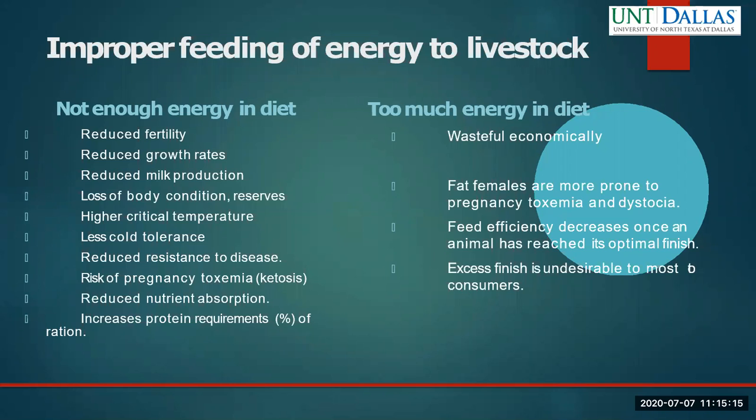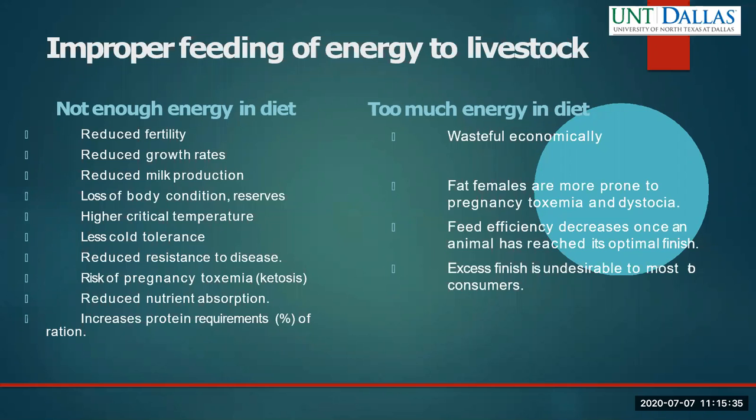Improper feeding of energy to livestock, that means not enough energy in the diet, might result in reduced fertility, reduced growth rates, reduced milk production, loss of body condition, less cold tolerance, and reduced nutrient absorption.